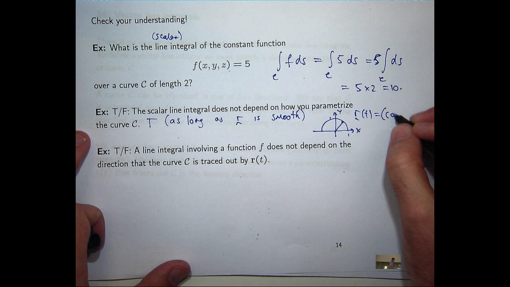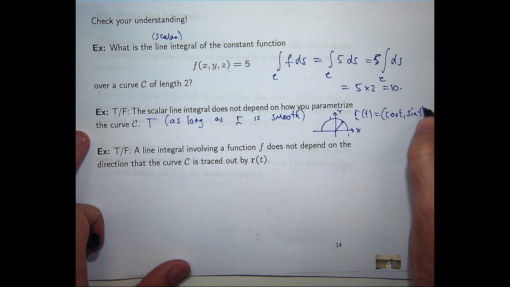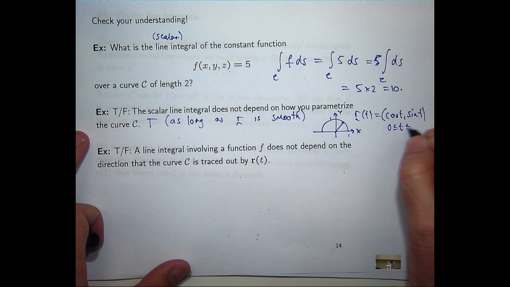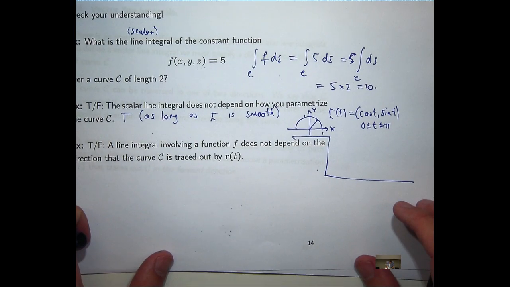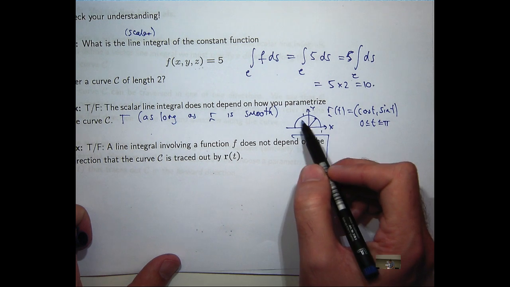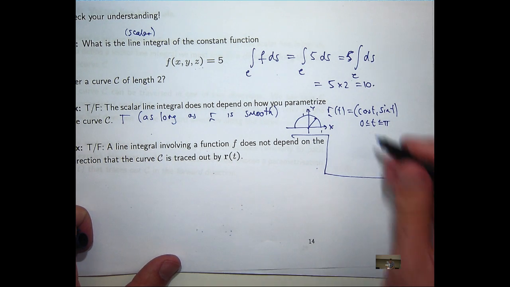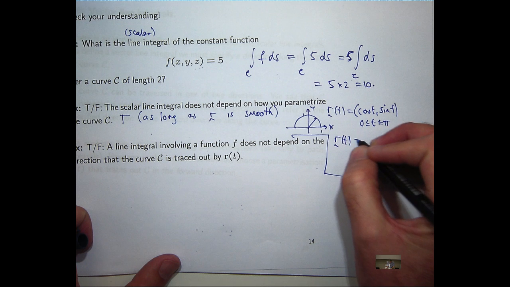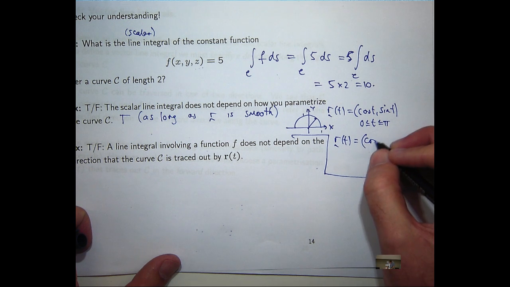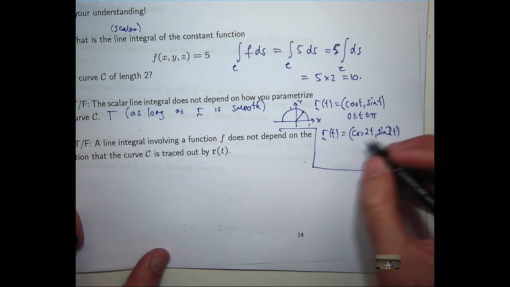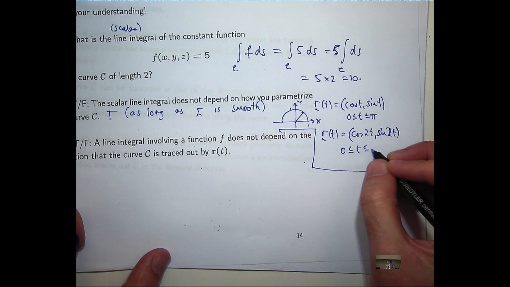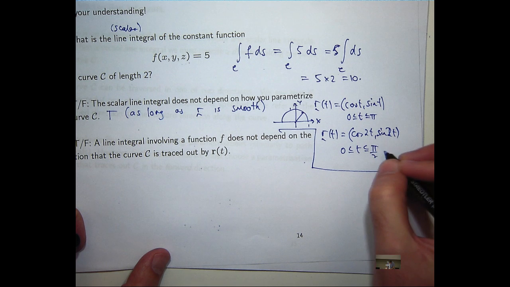Yep, cosine t, sine t, where t is between 0 and pi. But I can parameterize this a whole bunch of ways. Let me show you another way: cosine 2t, sine 2t, for t between 0 and pi on 2.